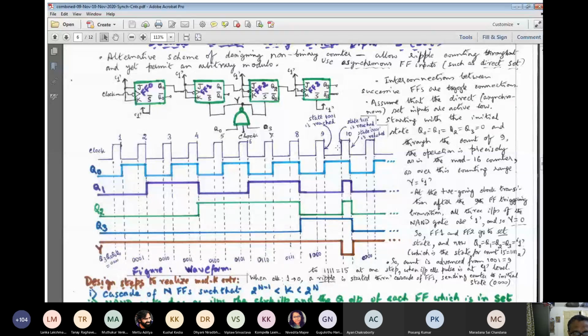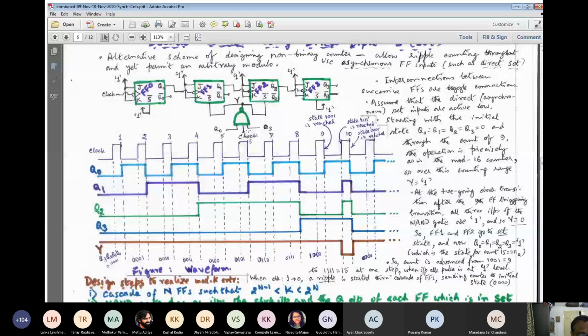The operation is precisely at the middle, as over the counting range, Y equal to 1. Y will remain 1, which I have also shown. If Y remains 1, it cannot affect the set inputs because these are active low. And Y is high till then because Q0 and Q3 are connected, and they are not yet both 1.